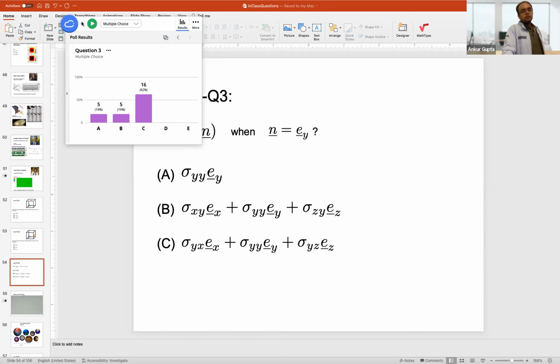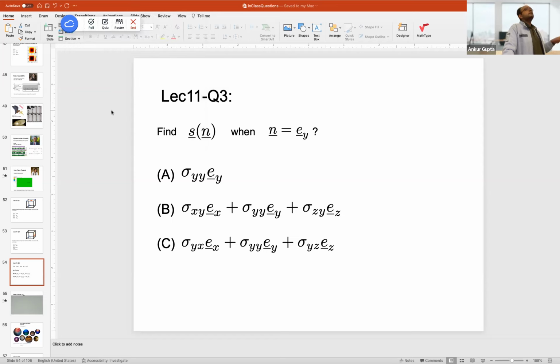One of the things I want to emphasize is how I can check, even without looking at the full math. We will do the math, but I want to emphasize something very important: we want to find the force on a surface which is normal to EY. Which components of stress have a normal of EY? Those where the first subscript is Y, right?